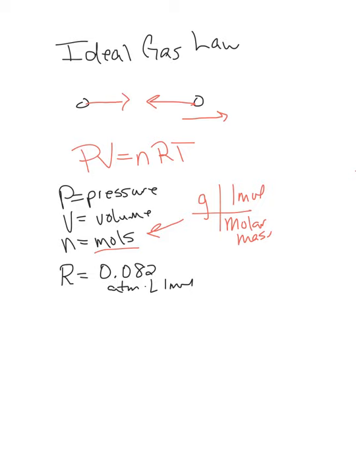So this is not a number you have to memorize. It's going to be given to you. All right. PV equals nRT, temperature. T is temperature. And remember, your temperature needs to be in Kelvin. If it gives you Celsius, then you do Celsius plus 273 equals Kelvin.